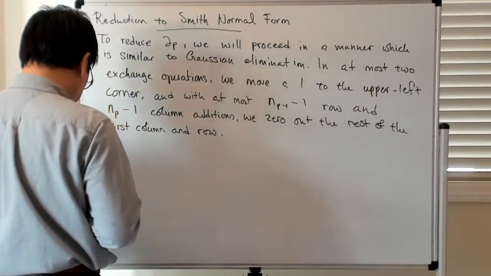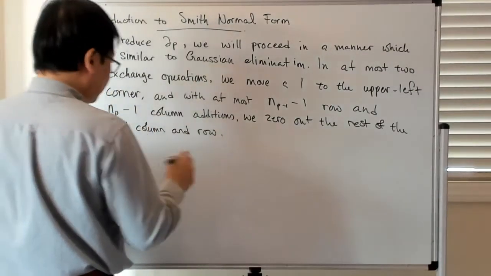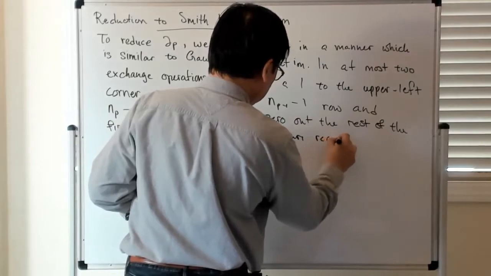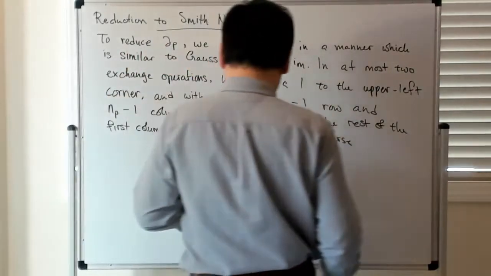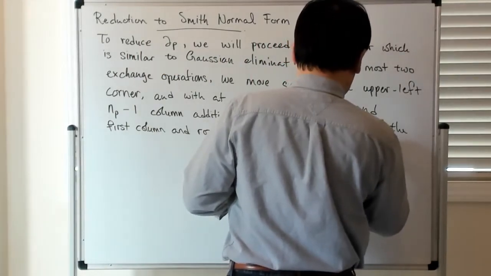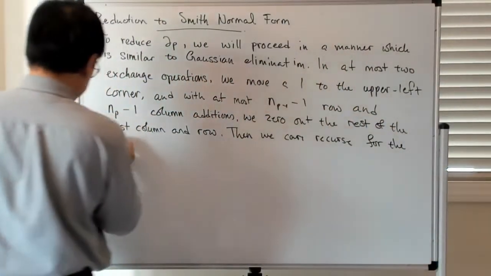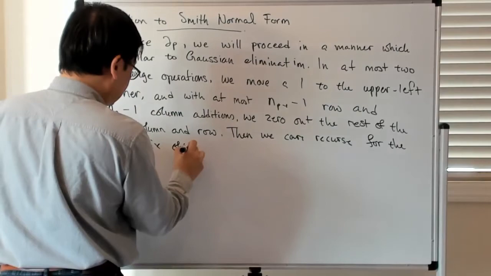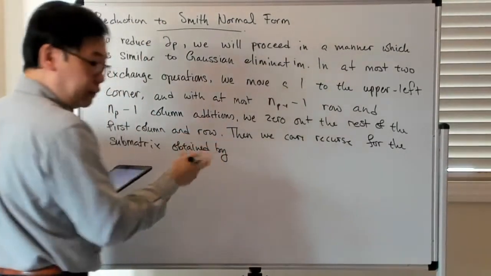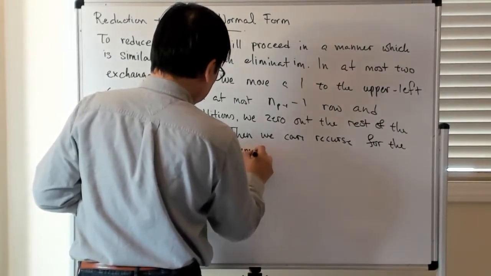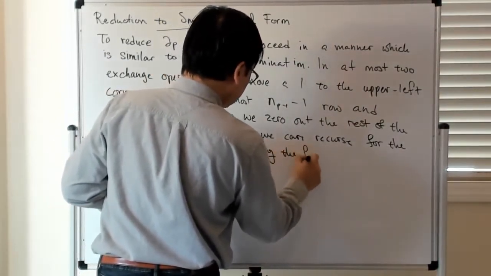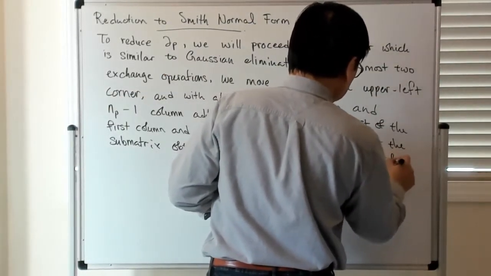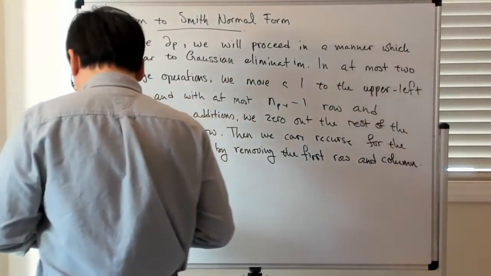All right, and then we can recurse for the submatrix obtained by removing the first row and column, right? All right, so that's a relatively straightforward thing.